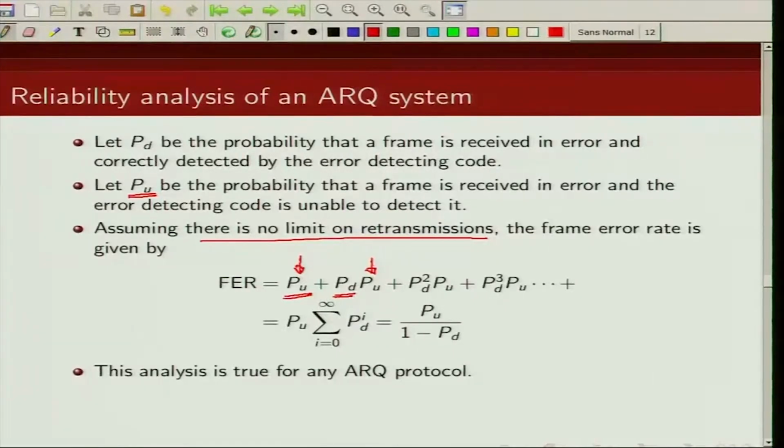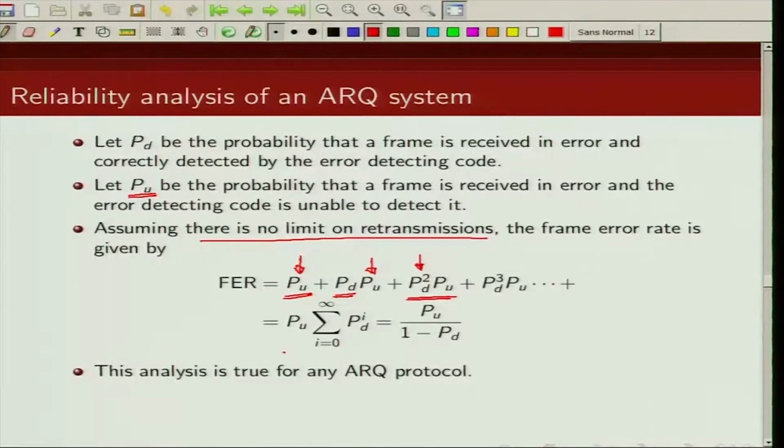So that probability is given by PD times PU. Or it may so happen that 2 times we were able to correctly detect the error, but the third time we were not able to detect the error. So that probability is given by this. Similarly, we can write PD squared PU plus PD cubed PU, like that.